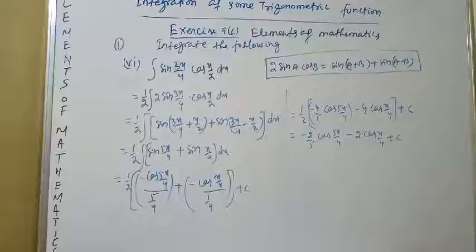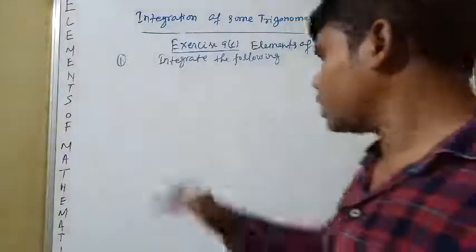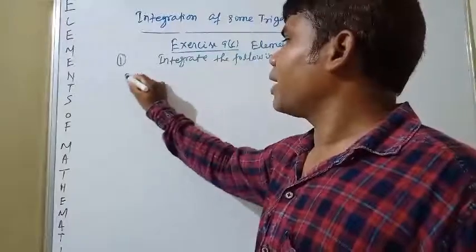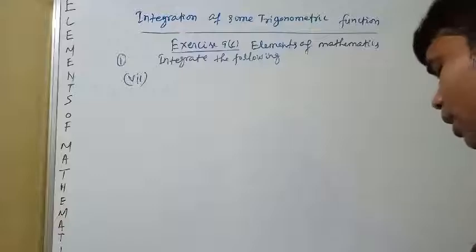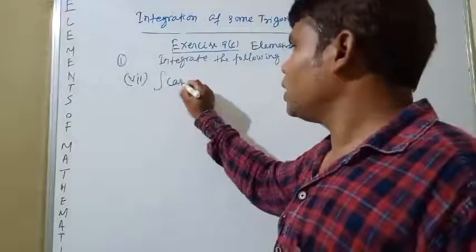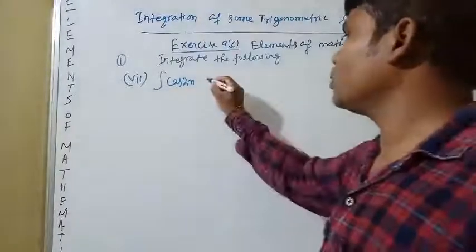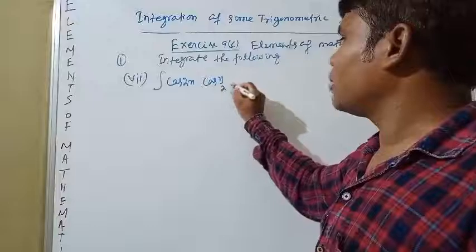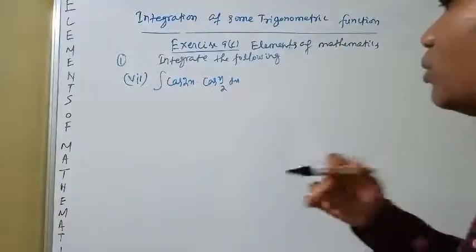Now you see the next question, question number 7. The question is the integration of cos 2x into cos x by 2 dx.